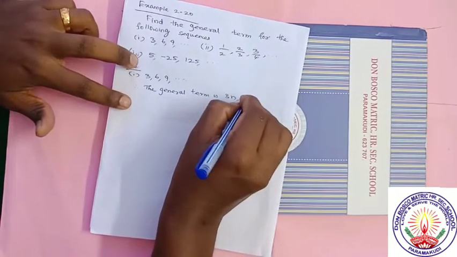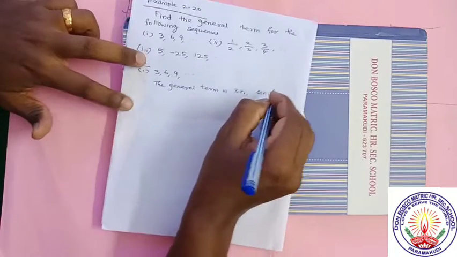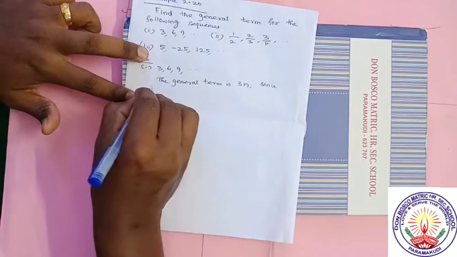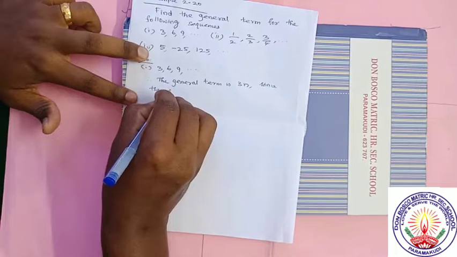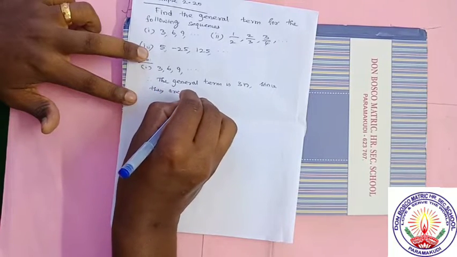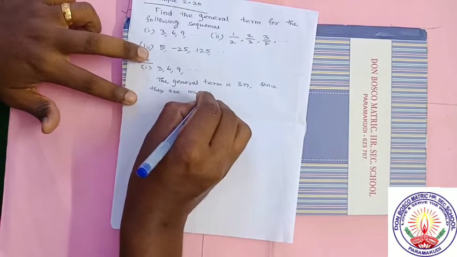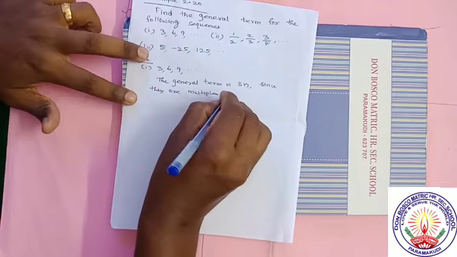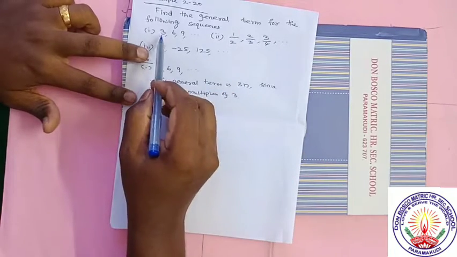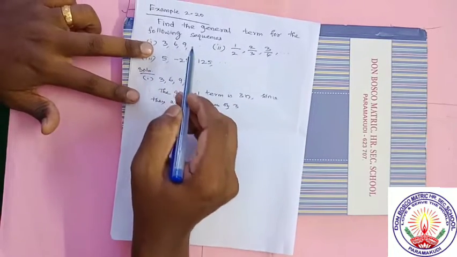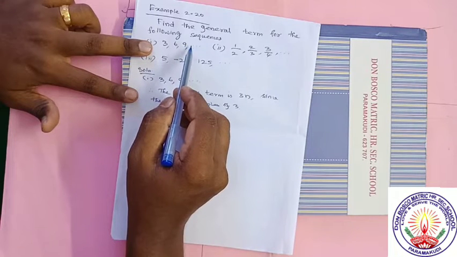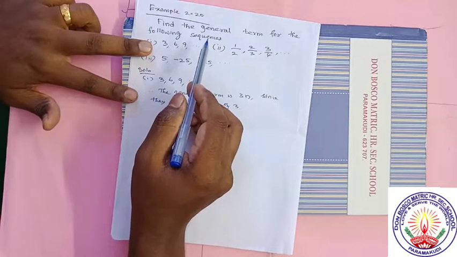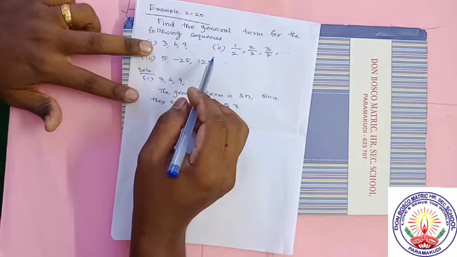What is the reason? Since they are multiples of 3: 1 three is 3, 2 threes are 6, and 3 threes are 9, like that. Next term, 4 threes are 12, 5 threes are 15. So they are the multiples of 3.